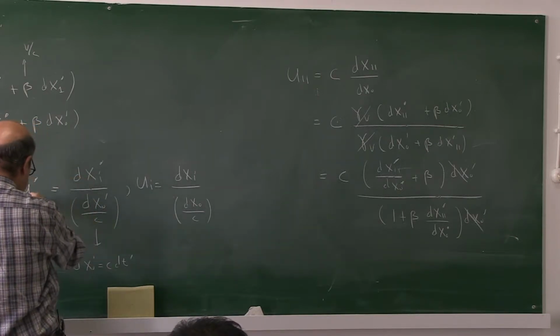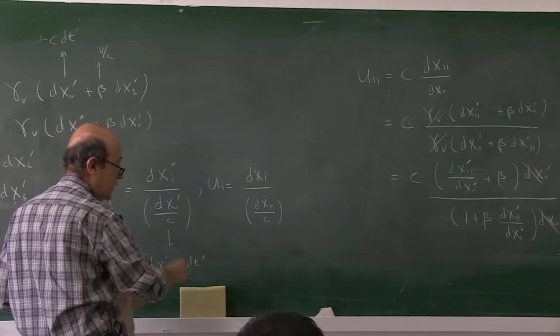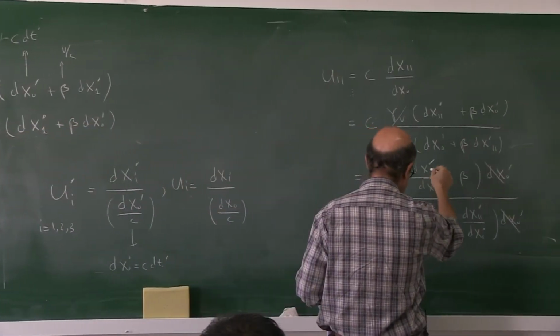That goes up, then goes the other side. U prime over c, and that u prime will be the u parallel prime.